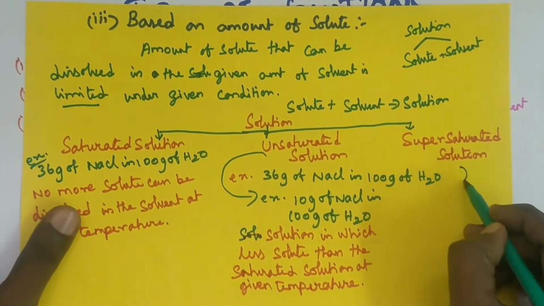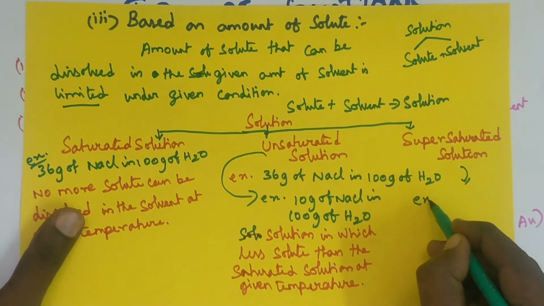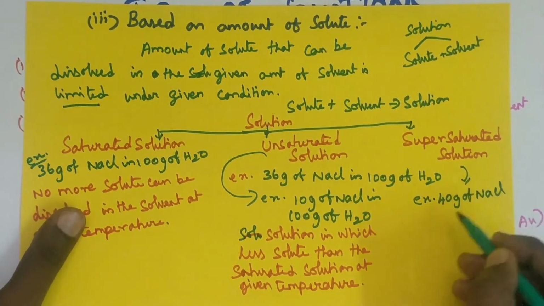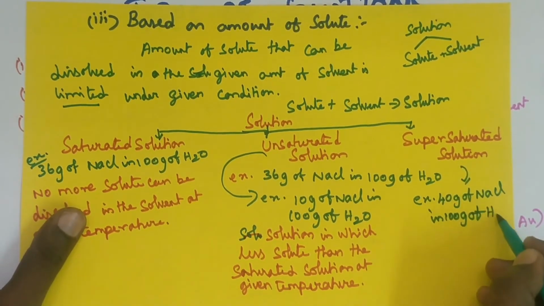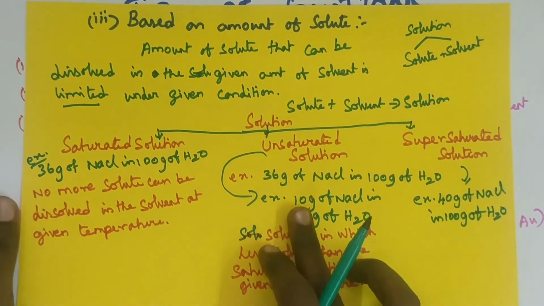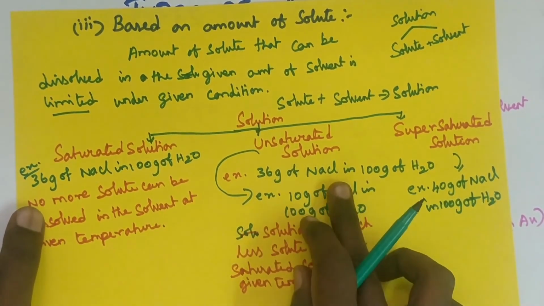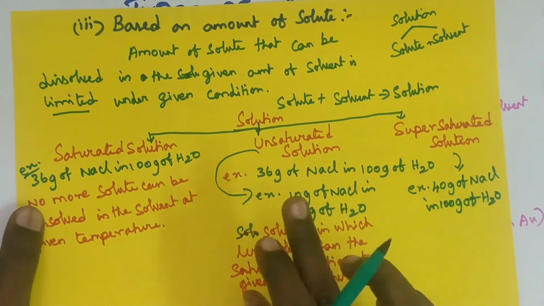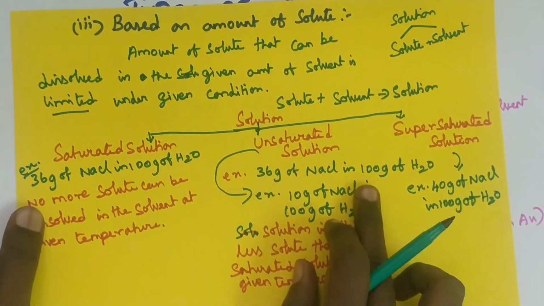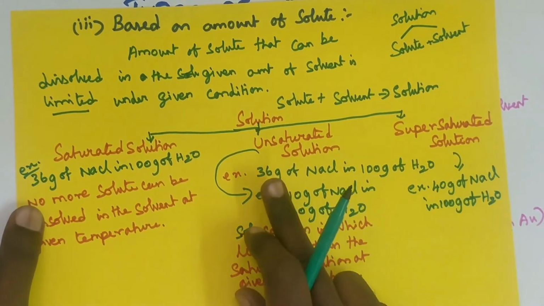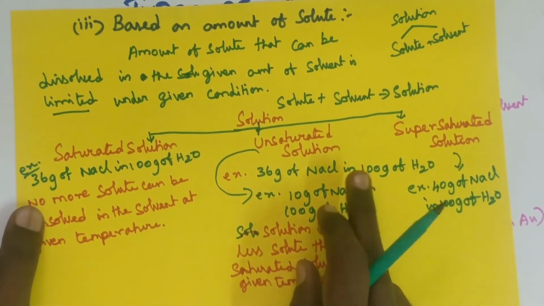In case of supersaturated, example is 40 gram of NaCl in 100 gram of water. So imagine, already I mentioned we can dissolve up to 36 gram of NaCl in 100 gram of H2O. In case of more than that I said it cannot dissolve. It won't dissolve.